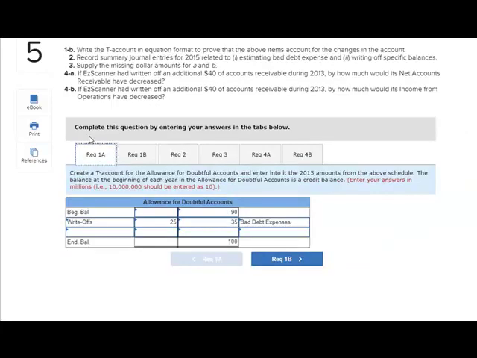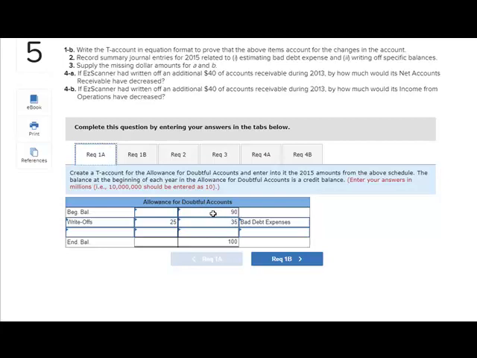And so going back here, we have our T account. Because the allowance account is a contra asset, everything about it is opposite of the rules for assets. So we increase this account with credits, therefore it's going to have a normal credit balance.